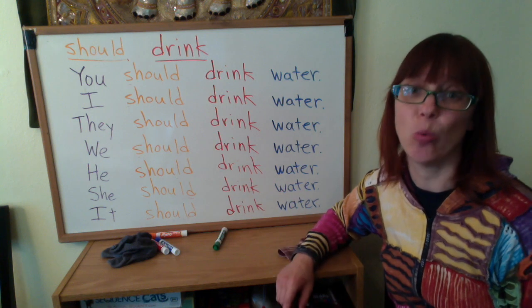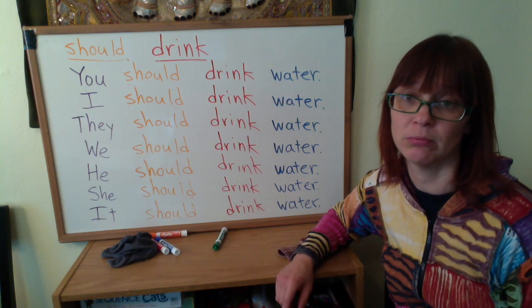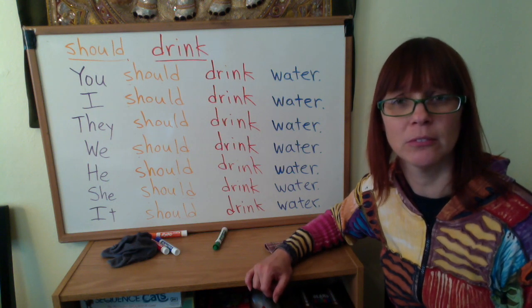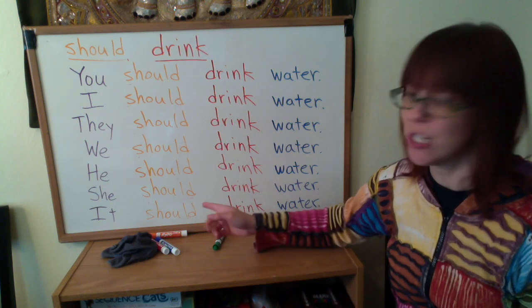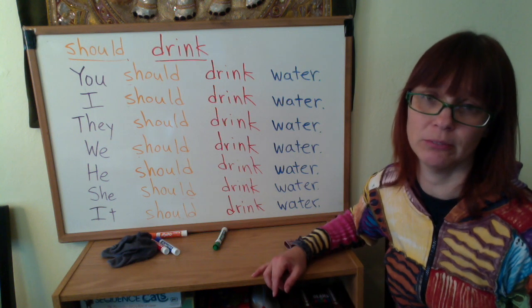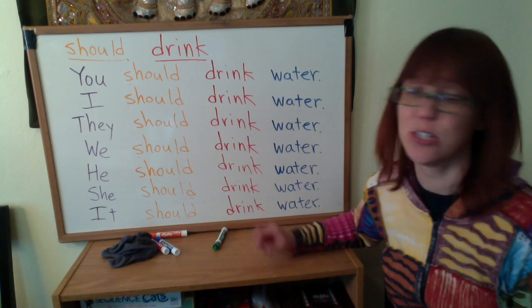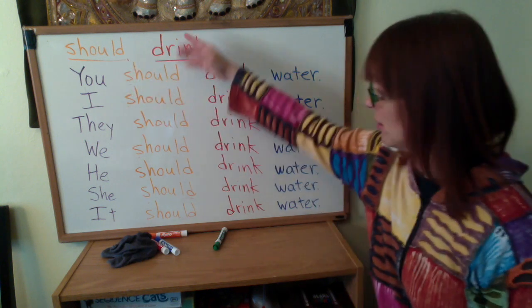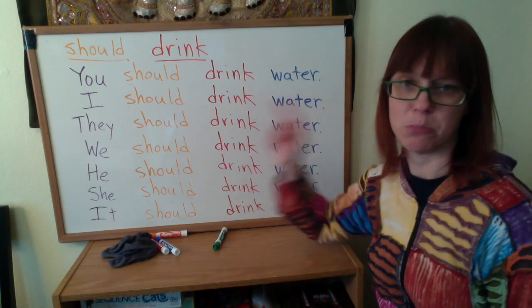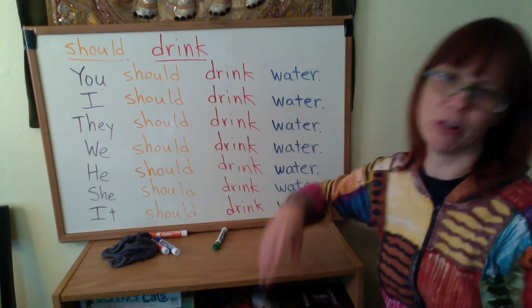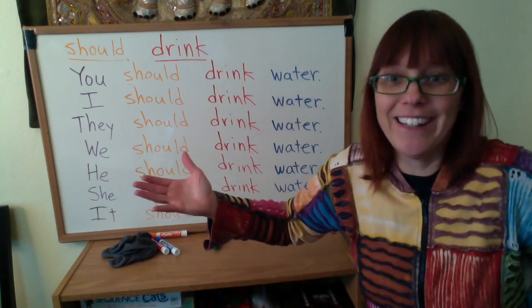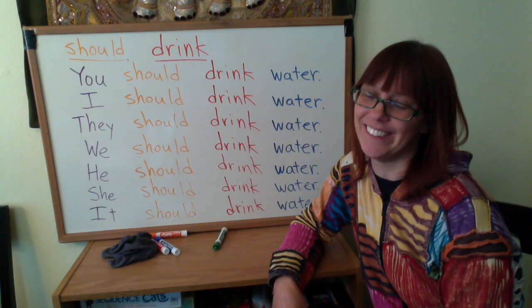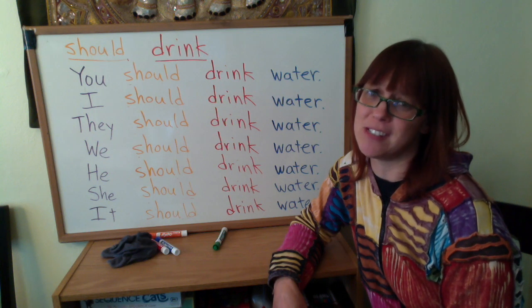We should drink water. He should drink water. She should drink water. It should drink water. So if I use should, all of these are the same. Easy, right? Yeah. English is easy. No, it's not. It's very crazy.